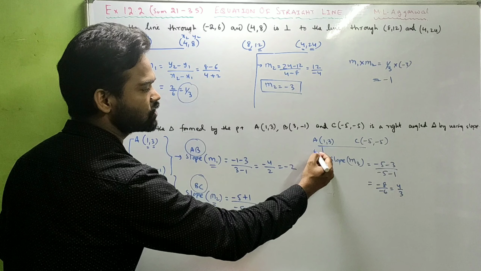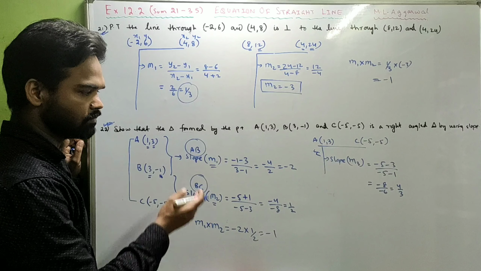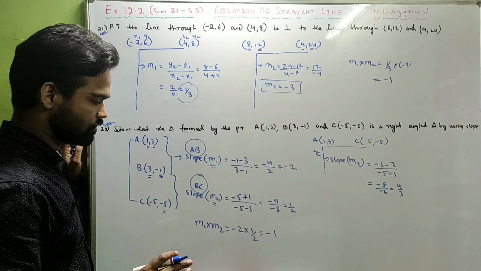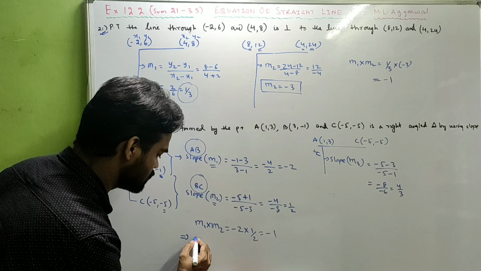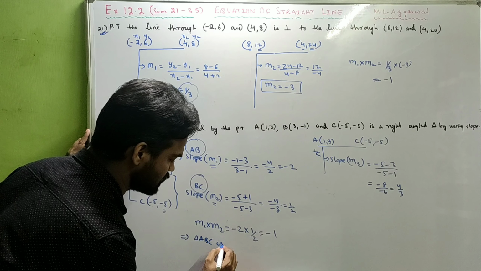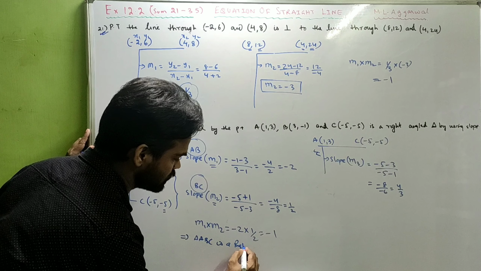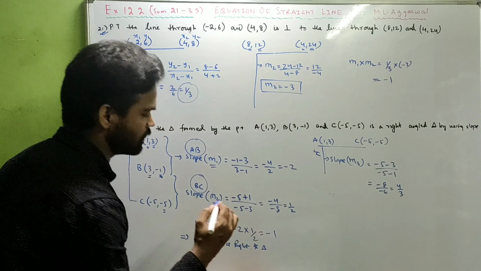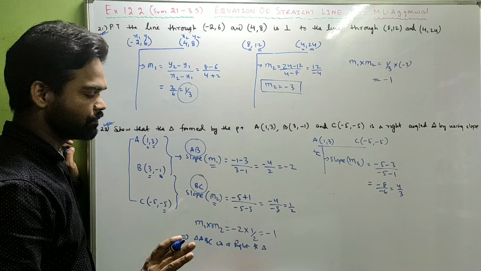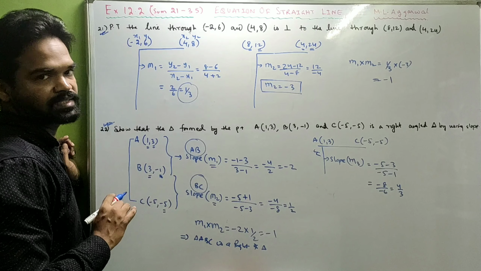Even if you don't find the slope of AC, we can still do the sum. Which implies triangle ABC is a right angle triangle. Am I clear? Now let us look at the next sum.